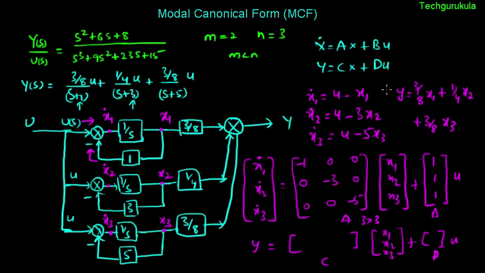Now y depends on x1, x2, x3, all of them. So x1 with 3 over 8, x2 1 over 4, x3 3 over 8, and it doesn't directly depend on the input, so 0. This D can be 1 or some magnitude only when the numerator and denominator polynomial orders are the same.